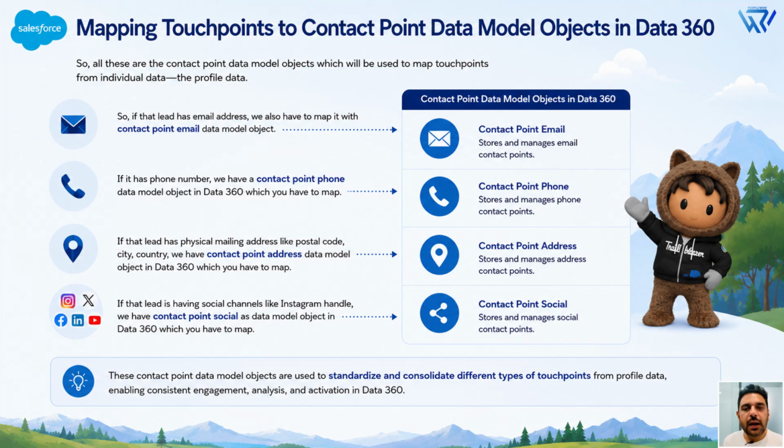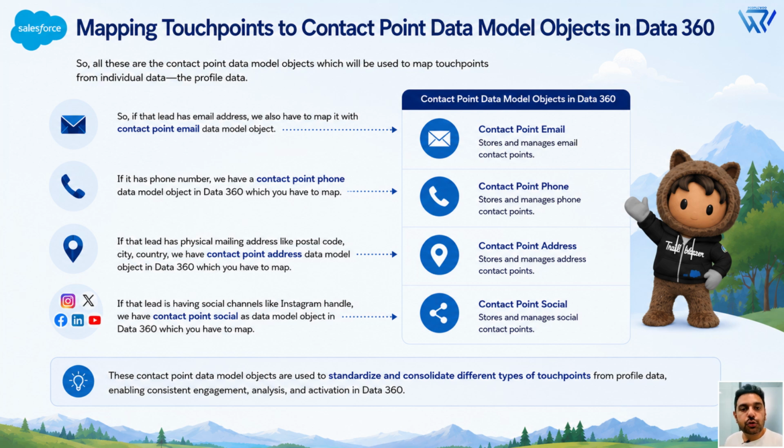If it has a phone number, we have a contact point phone data model object in Data 360 which you have to map. If that lead has a physical mailing address like postal code, city, country, we have a contact point address data model object in Data 360 which you have to map.